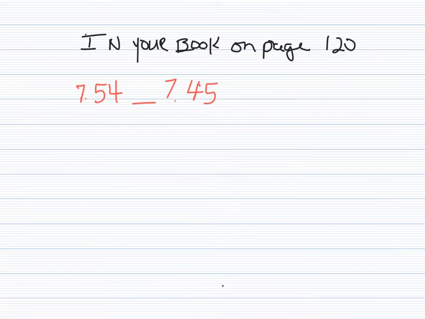So let's look at this. We have 7.54 and then 7.45. So which number is the bigger one here? And again, our 7s are the same. That's in the ones position. Let's look at the next one.